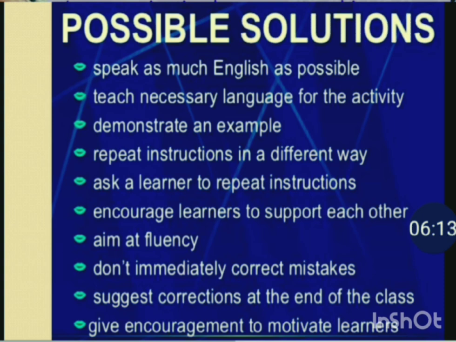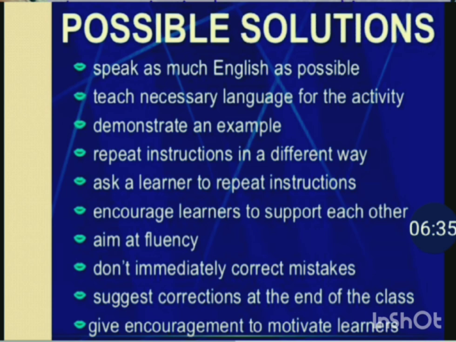Next one is ask a learner to repeat instruction. After explaining the topic or after explaining one thing, you should ask your students to repeat the instruction in their own way. Next one is encourage learners to support each other.